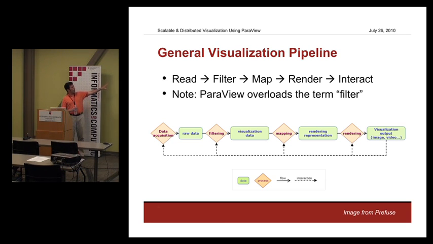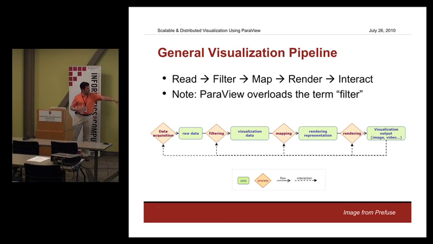Be aware that when we're talking about ParaView, they sort of overload the term filter, so you might think of it more in that data filtering sense. The filters in ParaView can perform some traditional filtering functions, but each filter within ParaView also encapsulates a mapping and some information that helps out the renderer.